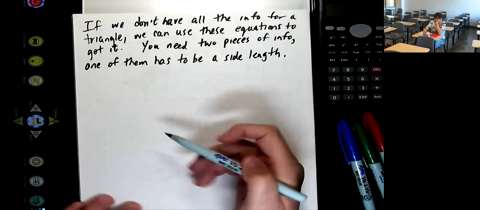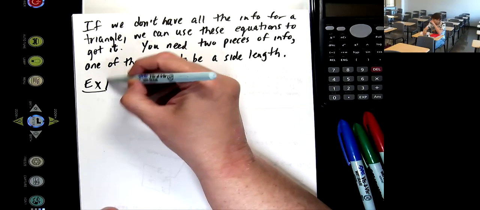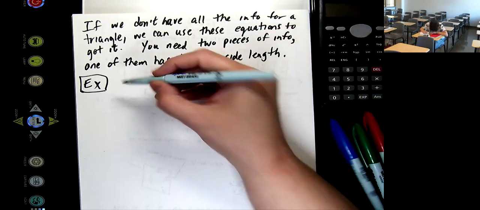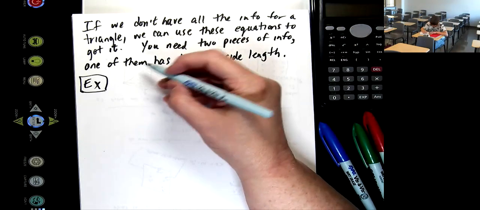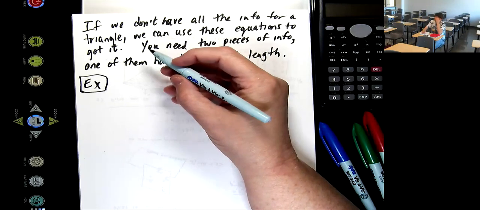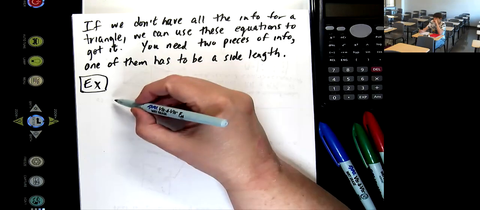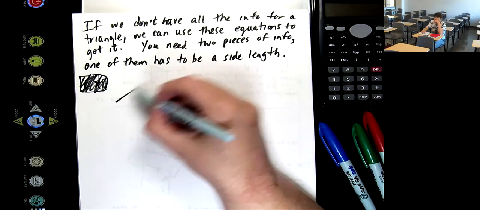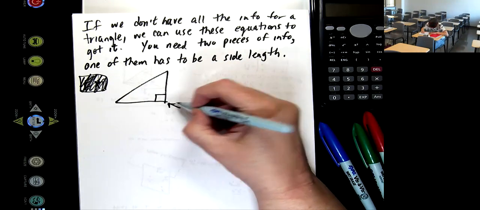So let's take a look at doing this. Let's do some examples, do a bunch of examples, and then hopefully it makes sense. Let's say I have the triangle. Actually, before we do that, I want to tell you one more piece of information. I'm still going to do the triangle. So that angle is 90 degrees.